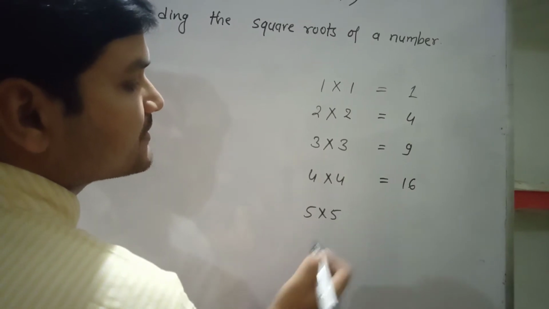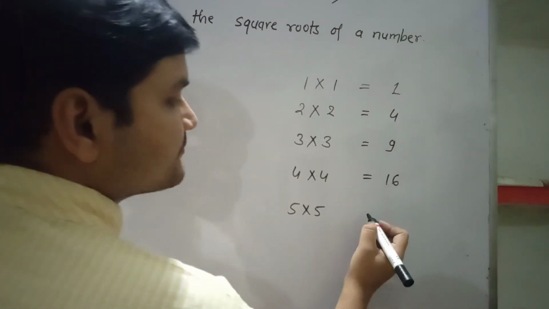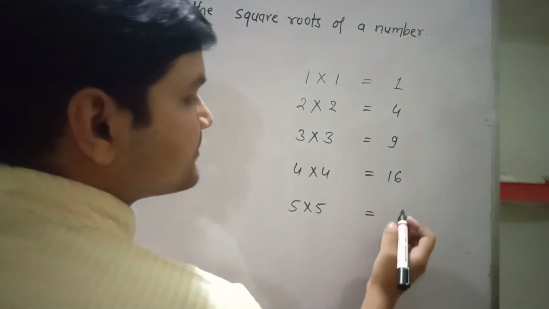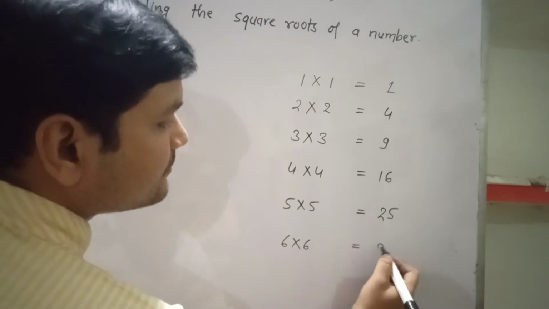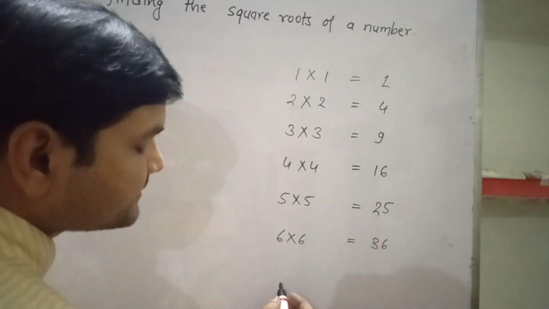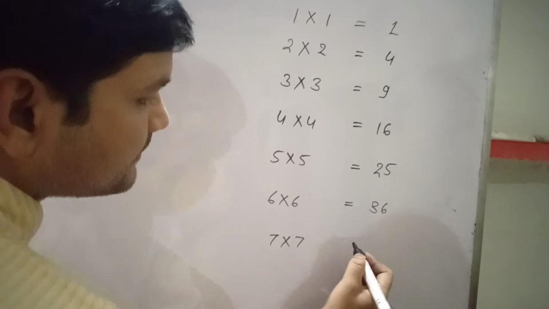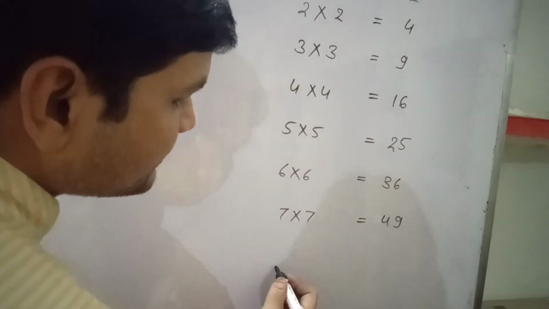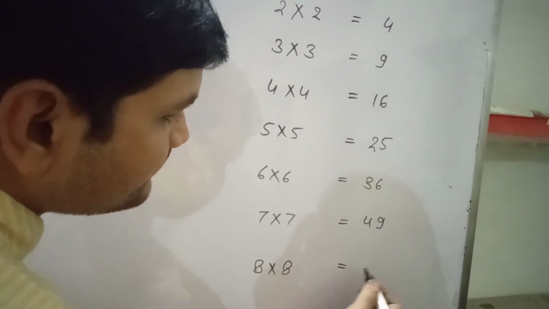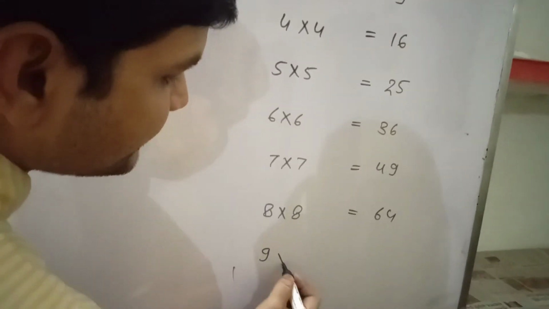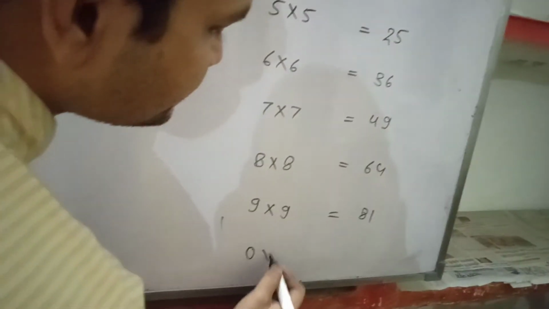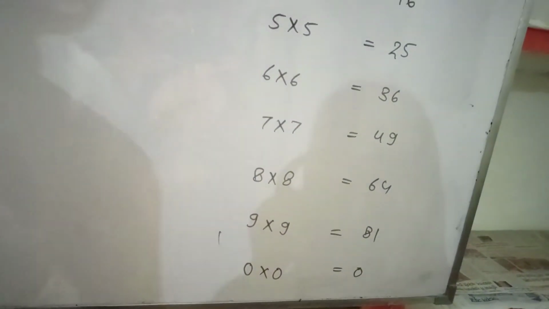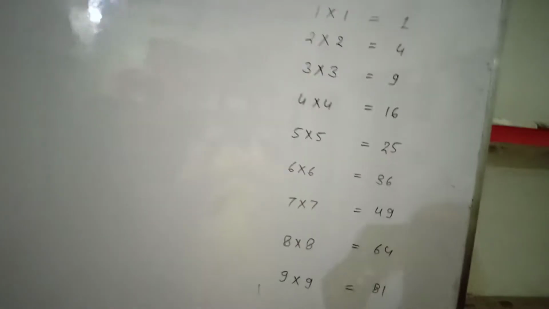If we apply 5 as the divisor, then 5 times 5. After that 6, so 6 times 6, 7 times 7, 8 times 8, 9 times 9, and 0 times 0. That's the second rule of the long division method.